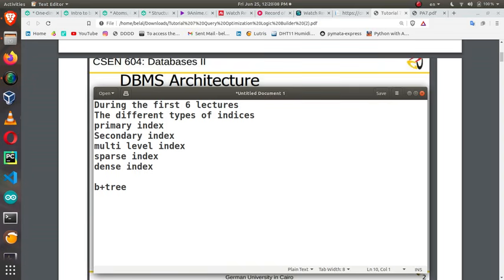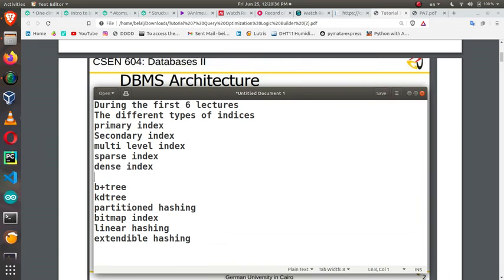Then we have learned about the K-d tree, partitioned hashing, bitmap index, and linear hashing, extendable hashing.